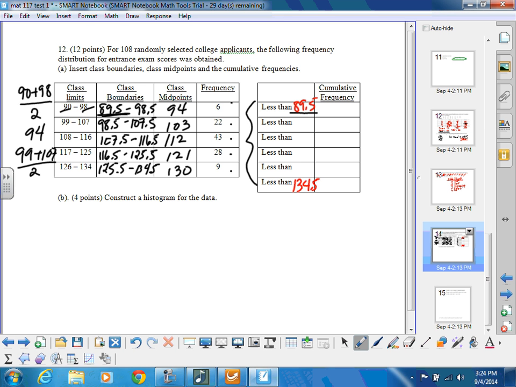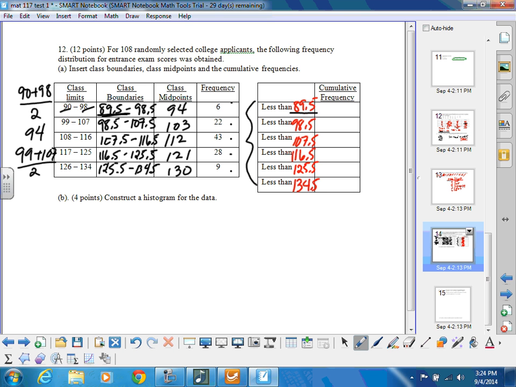If you do this correctly, you should always make sure that you have one more of these than what you had in your frequency distribution table. So the next one would be 98.5, and then 107.5, and then 116.5, and 125.5.